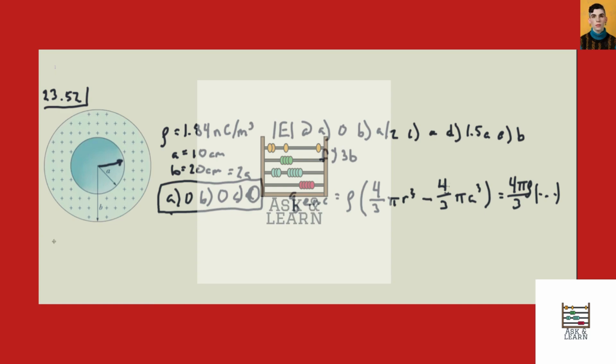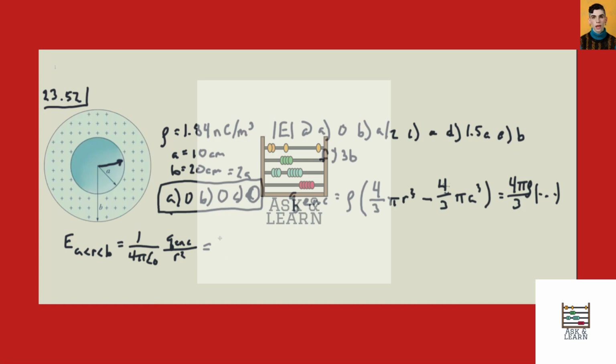And so the electric field is going to be one over 4 pi epsilon naught Q enclosed over r squared. This is just from Gauss's law, where the electric flux is equal to Q enclosed over epsilon naught. 4 pi r squared is the surface area, and I've just rearranged this to find the electric field since that's what we're interested in.